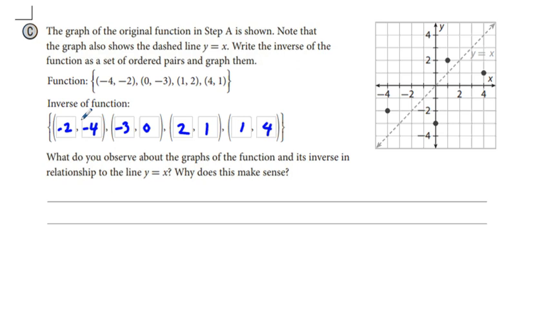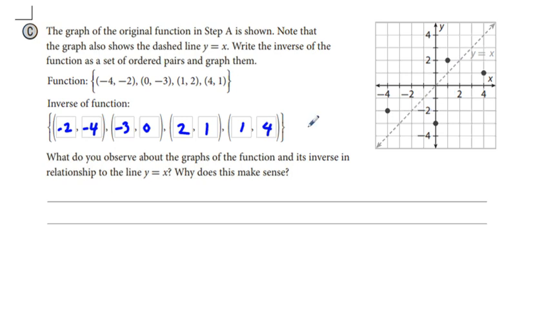So we're going to go here and put them in, and you can see the original points here. All these points already drawn are consistent with the original function.